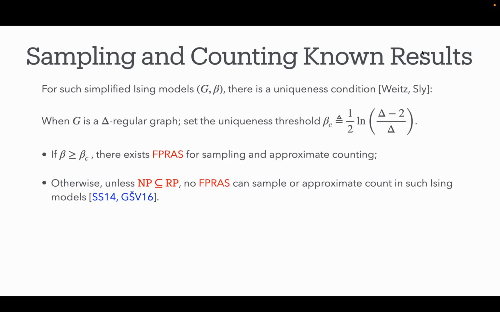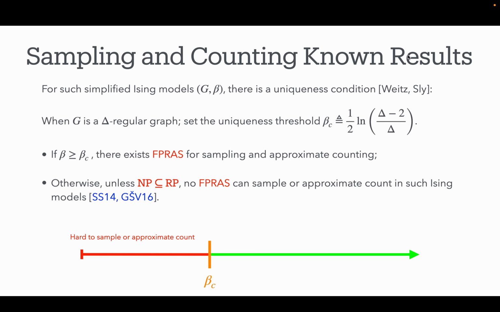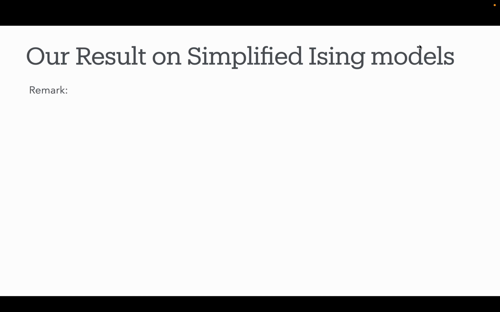Otherwise, unless NP is in RP, there is no FPRAS that can sample or approximately count in such Ising models. So in the graph below, there is a threshold beta_c. When beta is below this threshold, it is hard to sample or approximately count. And when beta is greater than beta_c, there exists an FPTAS.